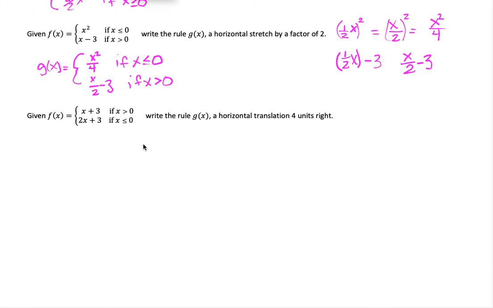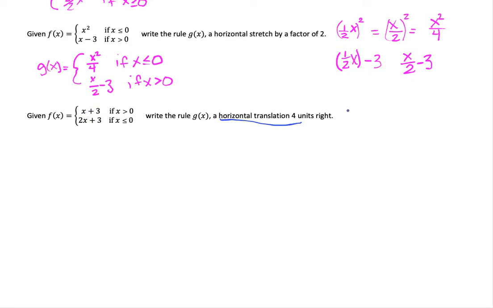This one here, we're going to deal with a horizontal translation. Now this is the only type that you have to worry about the domain. Okay? If it was a vertical translation, no worries, still don't care about it. Only if it's a horizontal translation. Okay, so that part in there is important. So remember, if we go 4 right, that means that we are just going to put a minus 4 on the x.